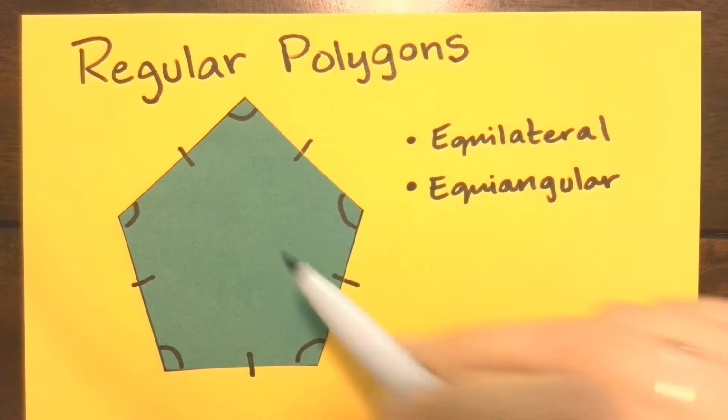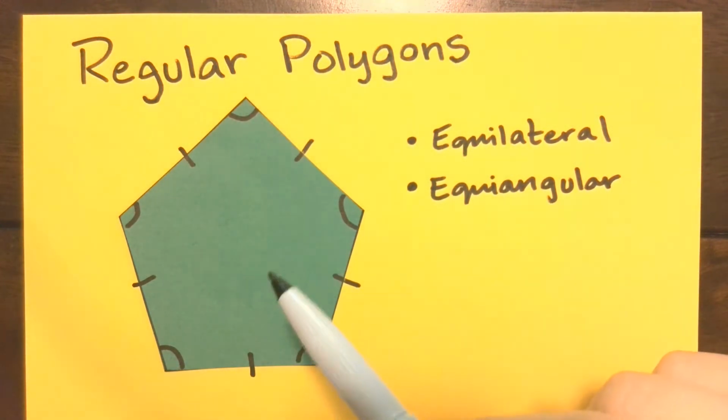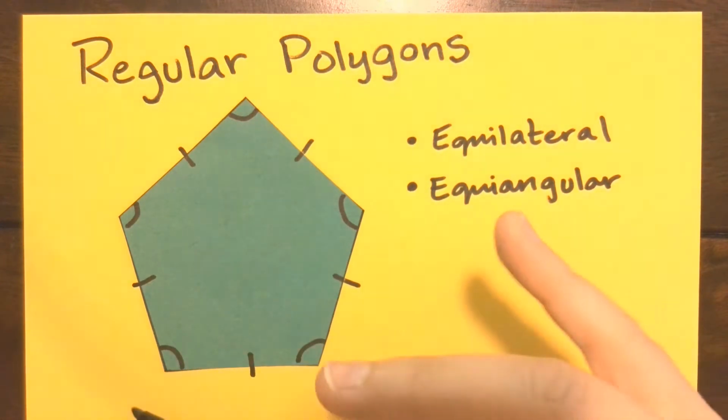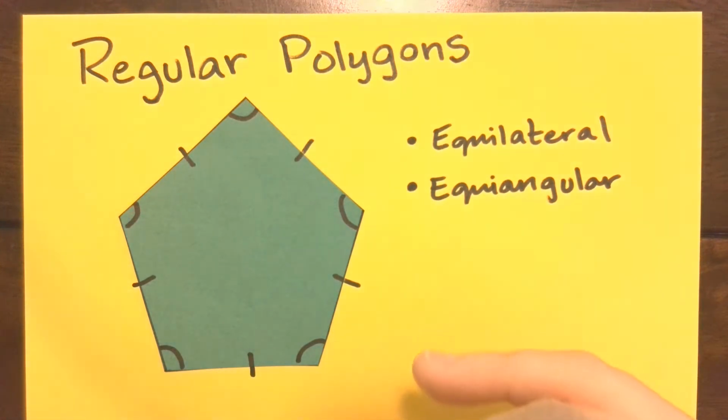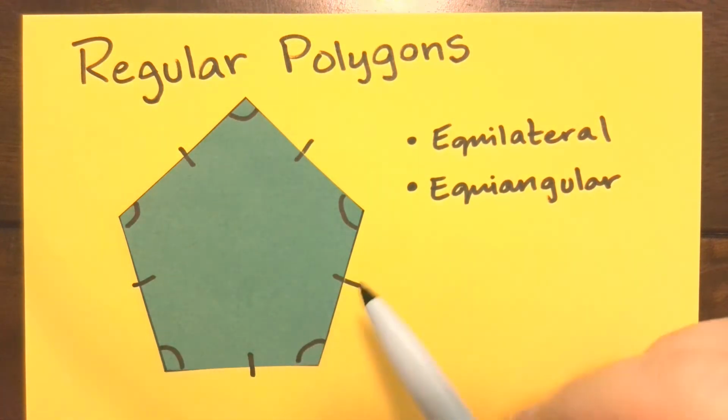So there are several different ways that we could break up our pentagon, and hopefully you thought through one of those ways. You could break it up into a triangle and a trapezoid, 3 triangles, 5 triangles. I'm sure there are other ways as well, but our objective here is to figure out a way that we could break this up that works not only for this pentagon, but for every regular polygon.